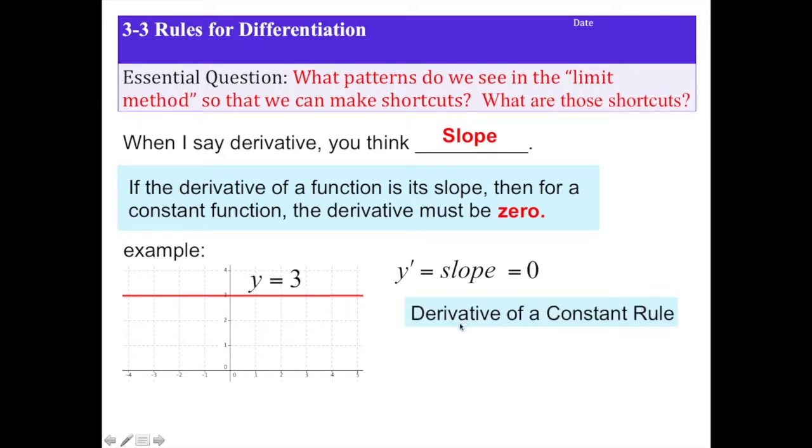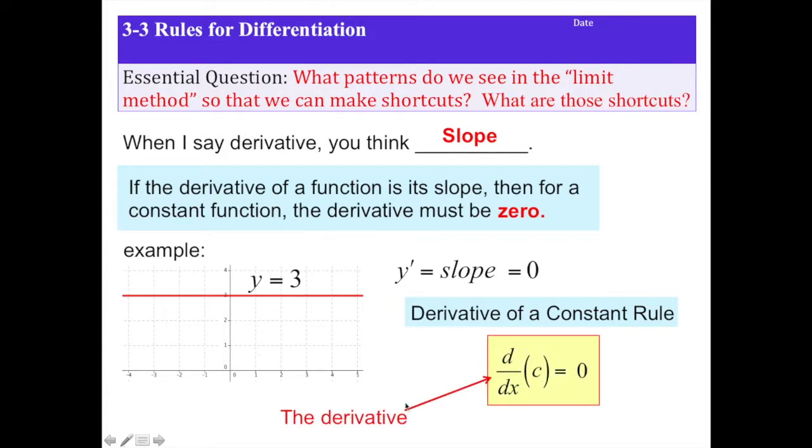So what we can say then is the derivative of a constant. That's how we write that. The derivative of a constant is 0. So the derivative of some constant function equals 0.